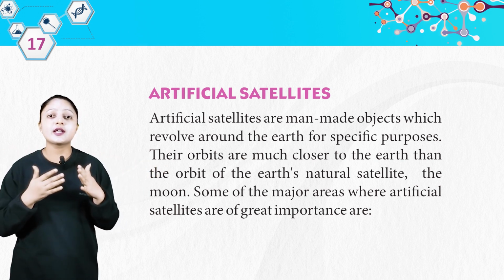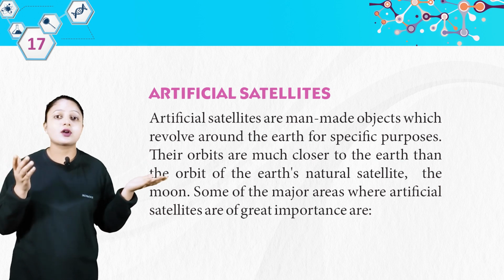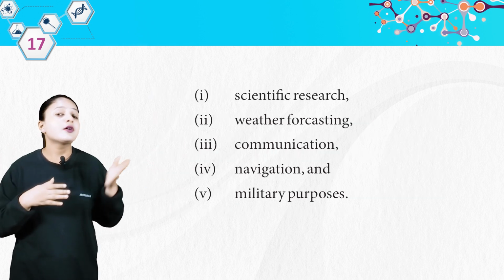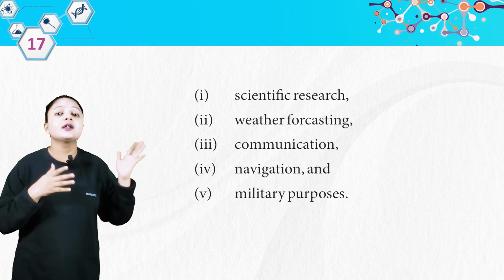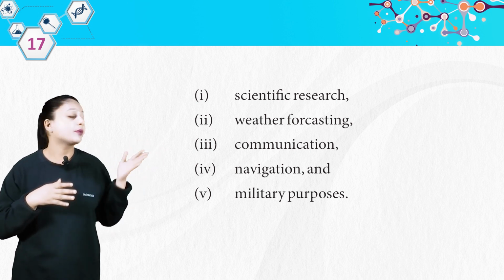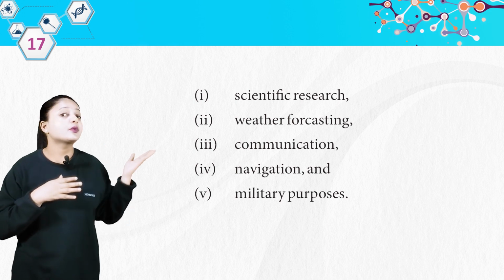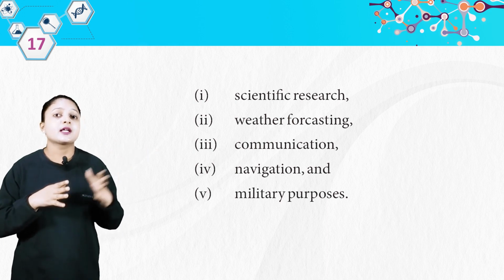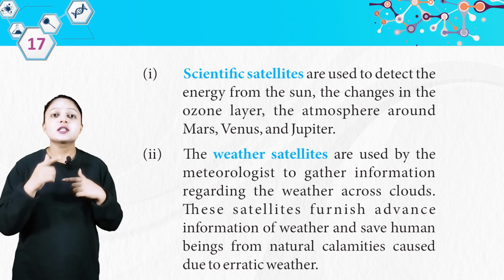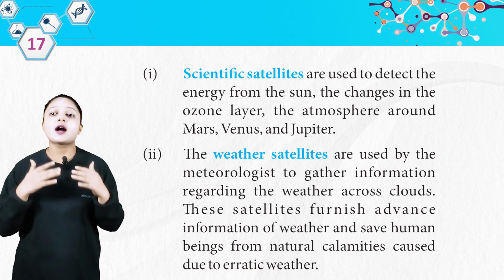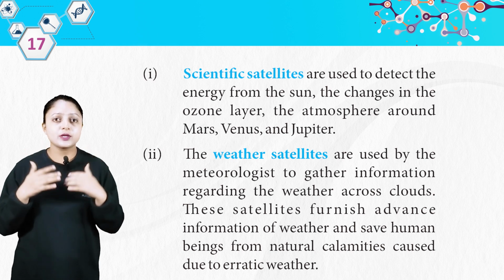Some of the major areas where artificial satellites are of great importance are: number 1, scientific research; number 2, weather forecasting; number 3, communication; number 4, navigation; and number 5, military purposes. Scientific satellites are used to detect the energy from the sun, the changes in the ozone layer, and the atmosphere around Mars, Venus, and Jupiter.